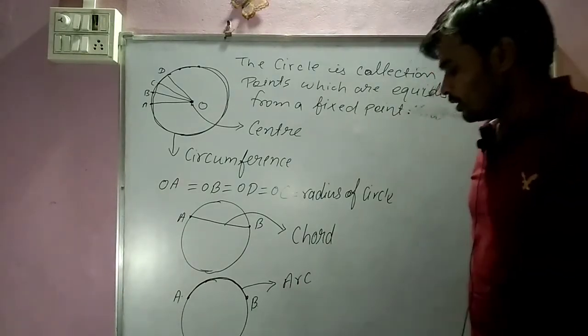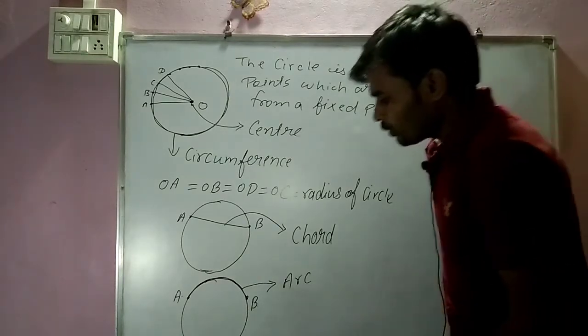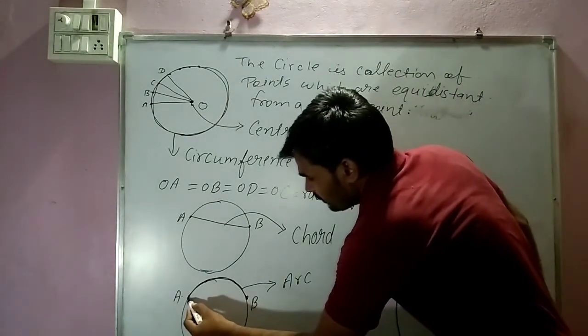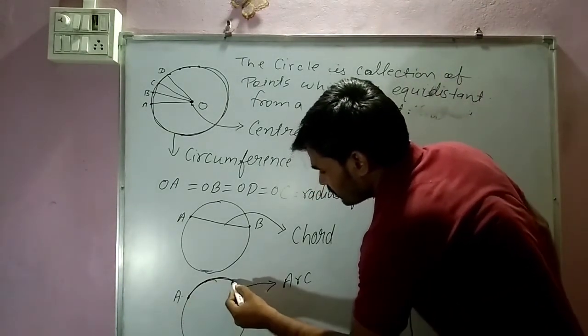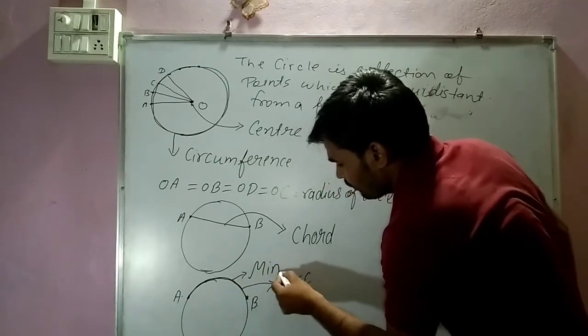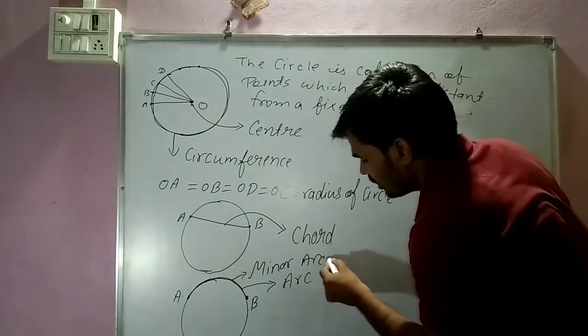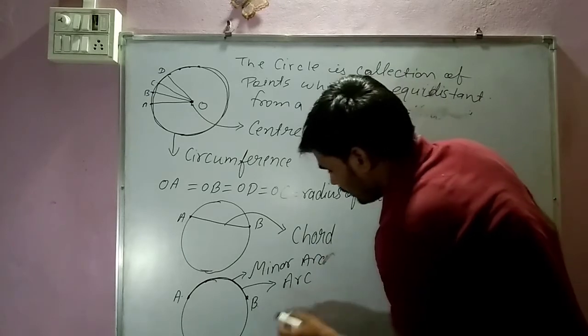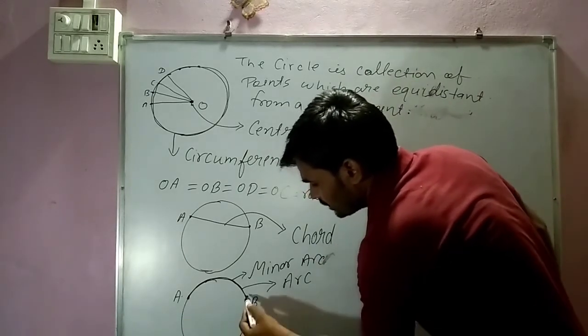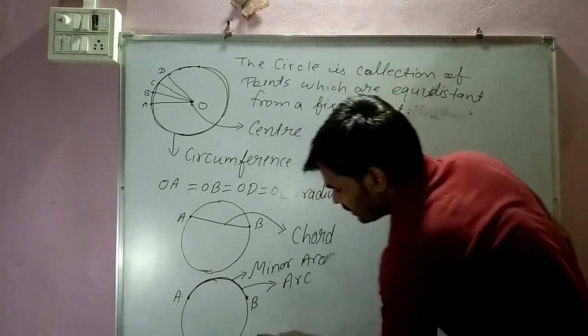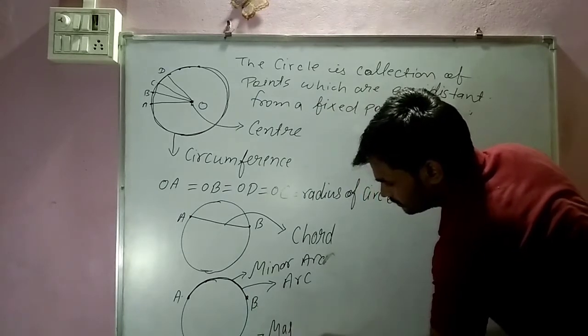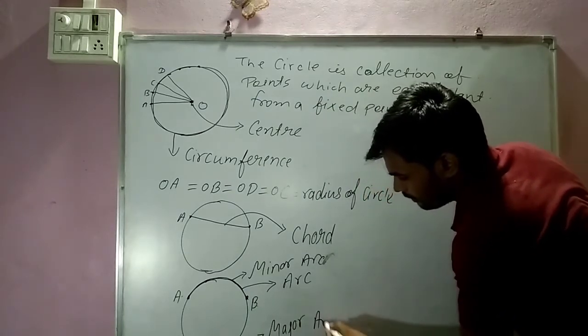The arc also can be divided into 2 parts. The shorter distance between A and B is called the minor arc, and from this side the larger distance is called the major arc.